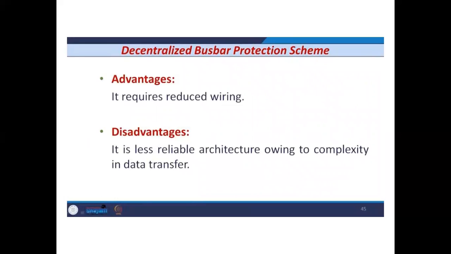If I consider the decentralized bus bar protection scheme, it requires reduced wiring. This is the main advantage of this type of protection scheme. However, it requires very complex circuitry, and at the same time the data transfer rate required from the central unit to the data acquisition units must be sufficient.